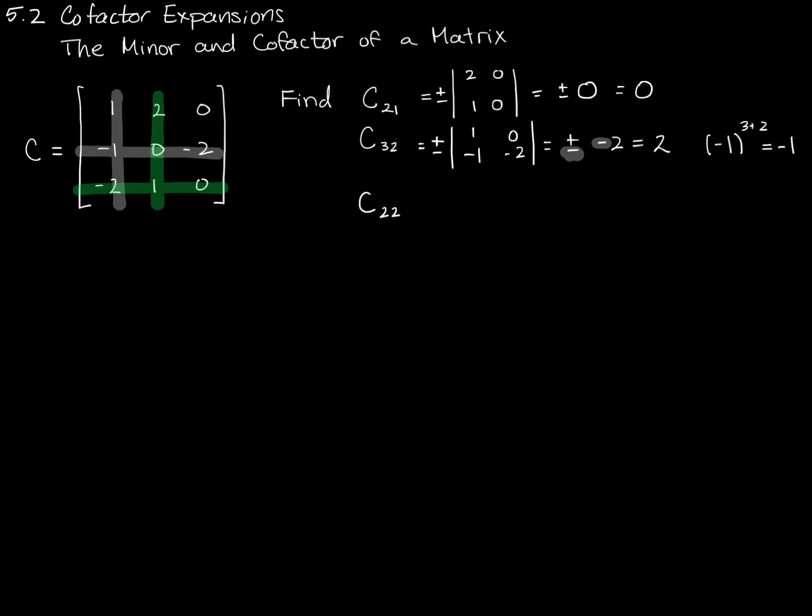And that means, in order to find that, I need to cross out row 2 and column 2. I'm using pink this time, and anything that's not crossed out by pink is a 1, a -2, a 0, and a 0. That's going to be 0 also, which didn't really help my cause.